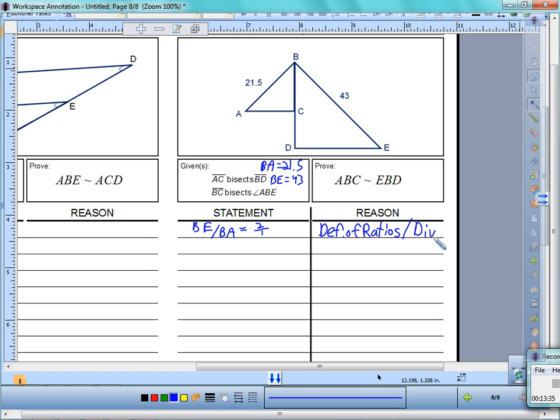All right, let's talk about this other set of sides. So, because AC bisects BD, I know that the length of BC is equal to the length of CD. Okay? And that's just the definition of a bisector.